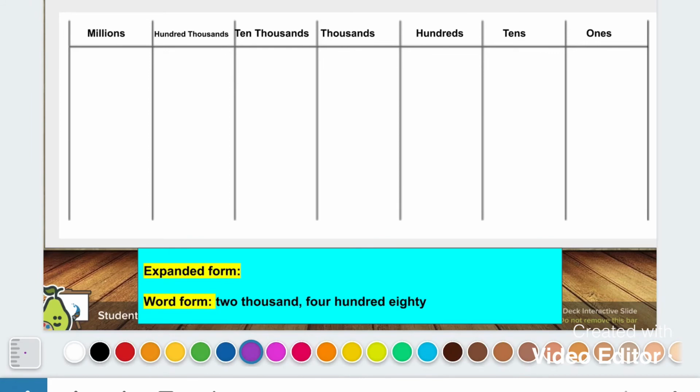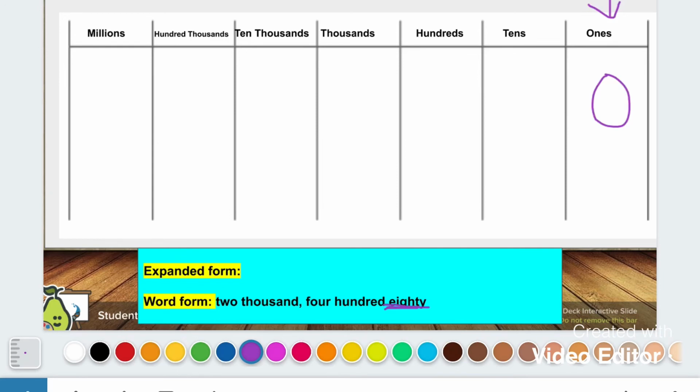2,480. Same as before, starting in our smallest place value, in our ones. Do we have any ones? Nope, we don't have any ones. I'm going to add a 0. The reason why I know we don't have any ones is because my number ends in 80.